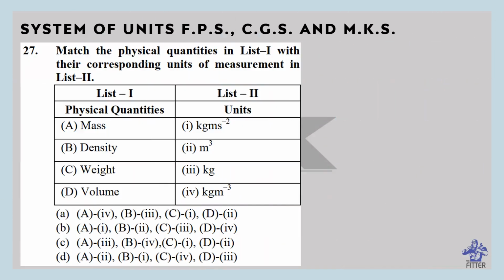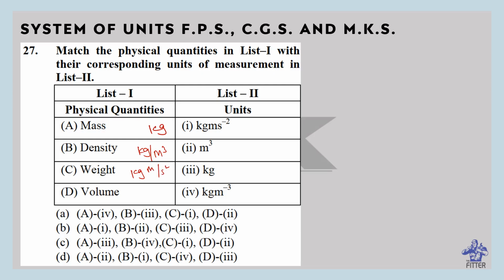Option A. Here they are giving the physical quantities and units. We have to match them. Mass unit is kg, right? Density is kg per meter cube. Weight is kg meter per second square.